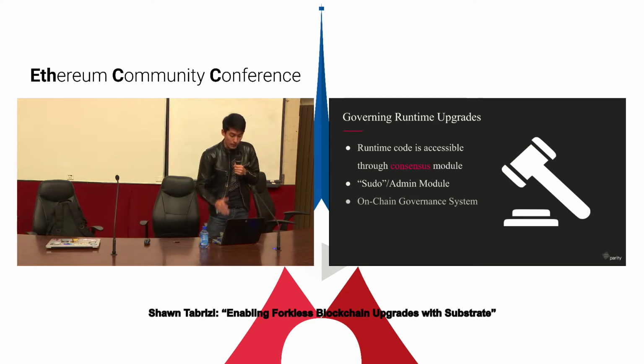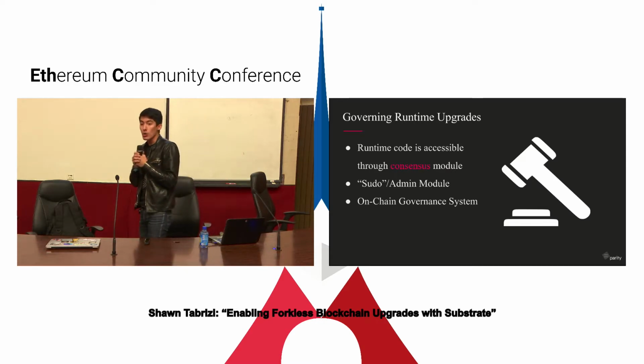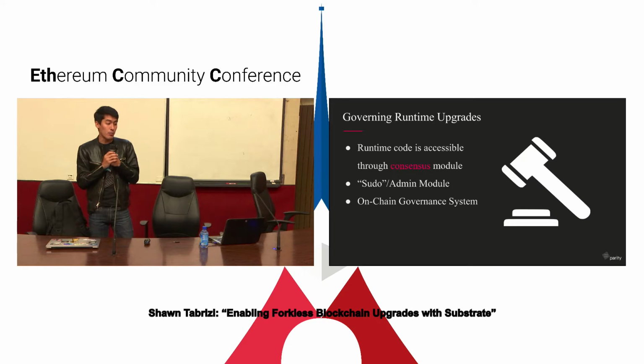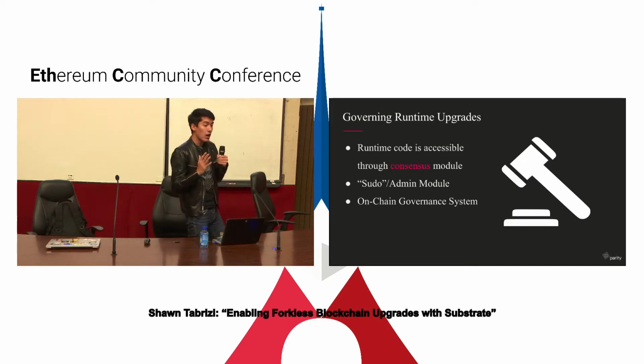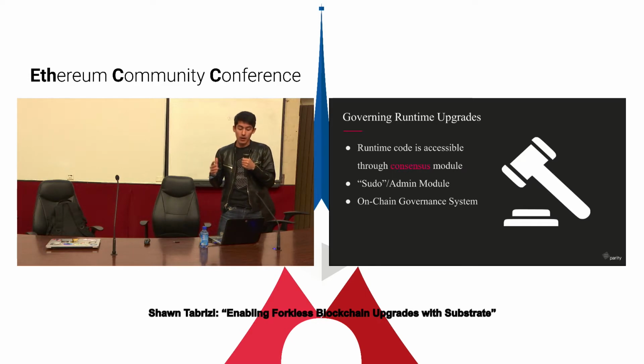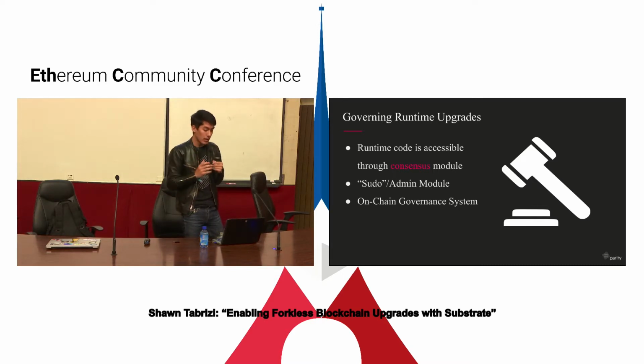For more public or distributed systems, we have an entire on-chain governance system built across a number of modules, which allow you to propose and have people vote via democracy and via councils on what upgrades should happen, and make sure that if an upgrade happens to the network, it's something that was decided by the network, in a distributed, decentralized system.